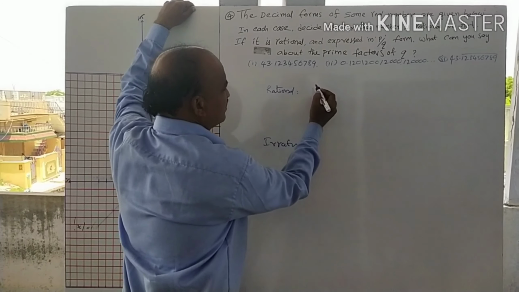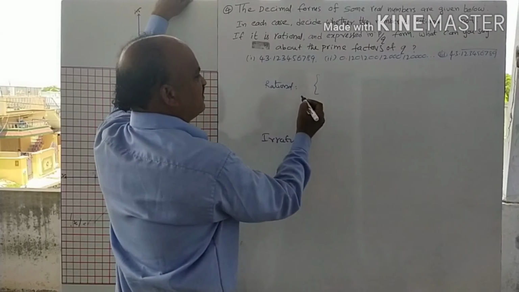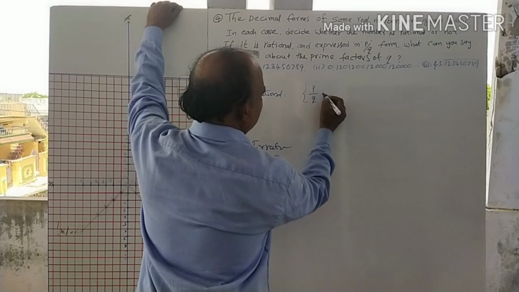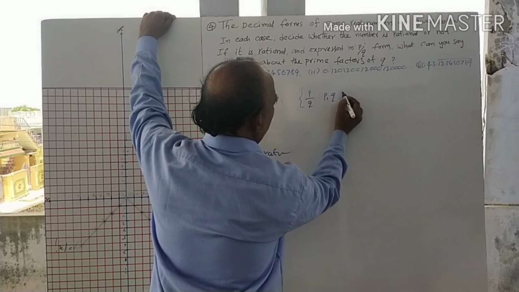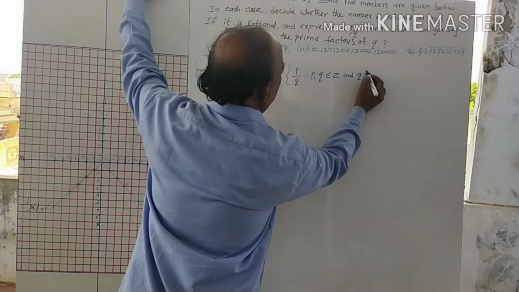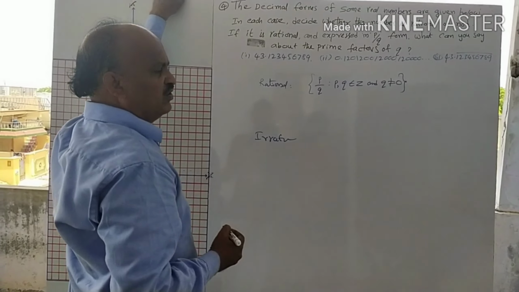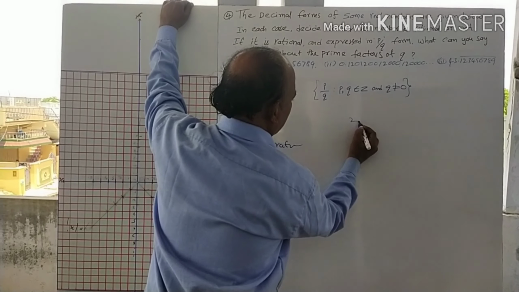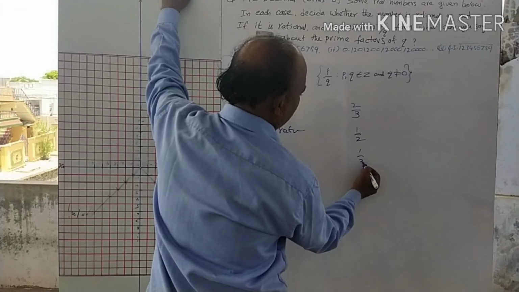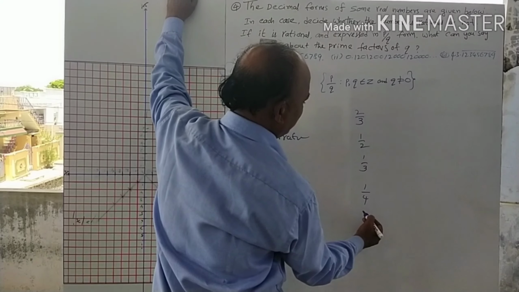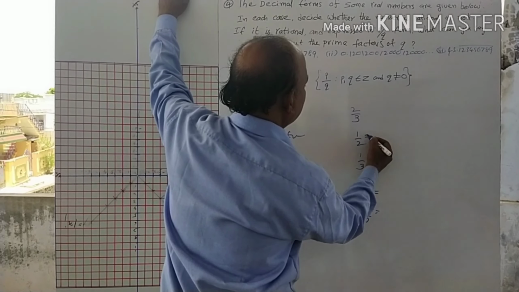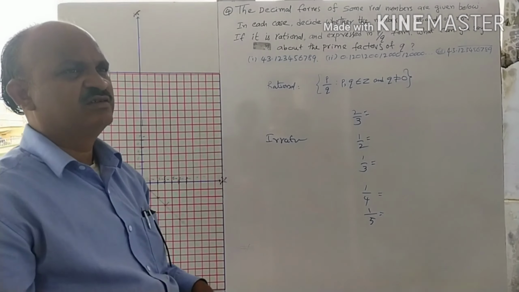Rational number means fractions in the form of p by q, such that p, q belong to Z and q not equal to 0. For example, 2 by 3, 1 by 2, 1 by 3, 1 by 4, 1 by 5 and so on. These all are rational numbers.